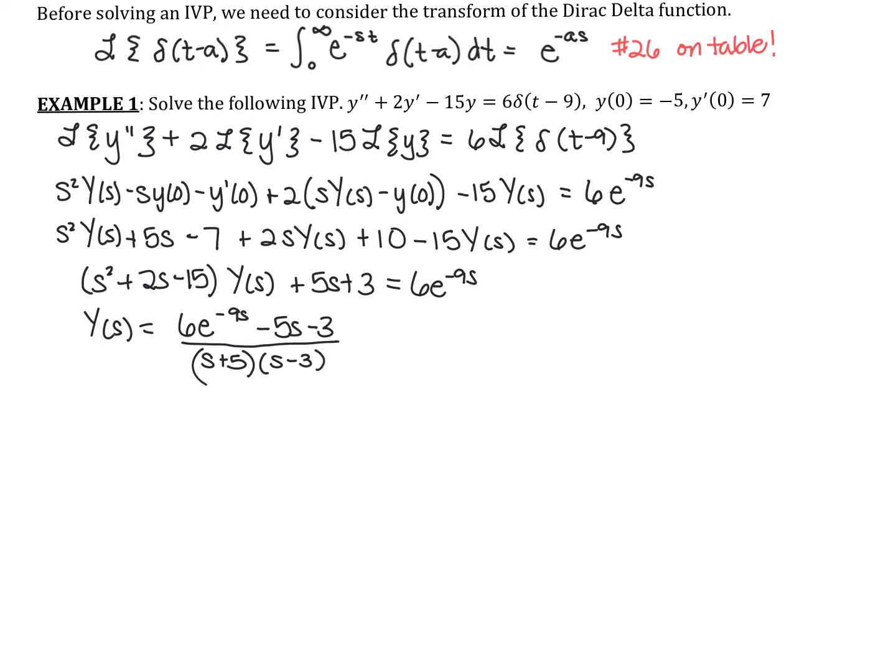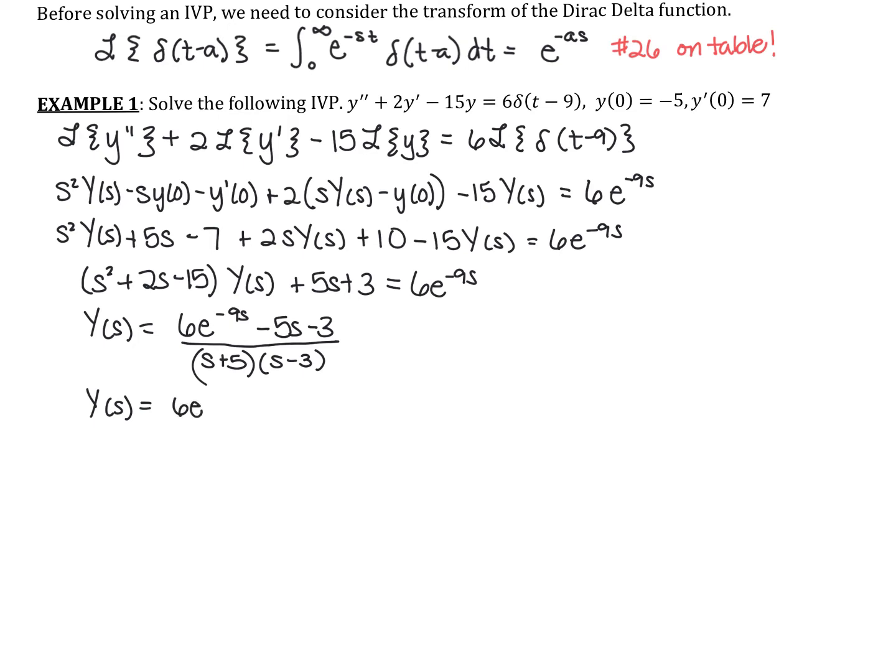And I'm going to clean this up a little bit just so we can do a partial fraction. Yes, you could do it from here, but I like to know what I'm taking my partial fractions of. And in fact, it looks like I'm going to have 2 partial fractions. Yep, that'll be fun. Okay, so here we go. I'm going to separate this fraction like this.